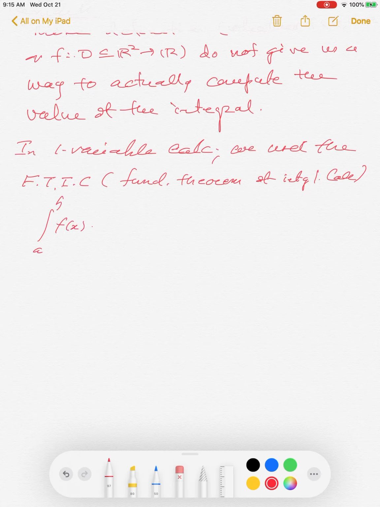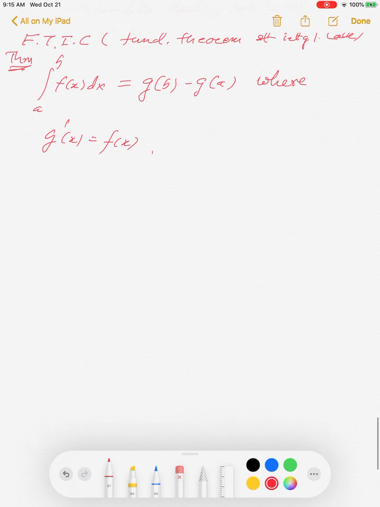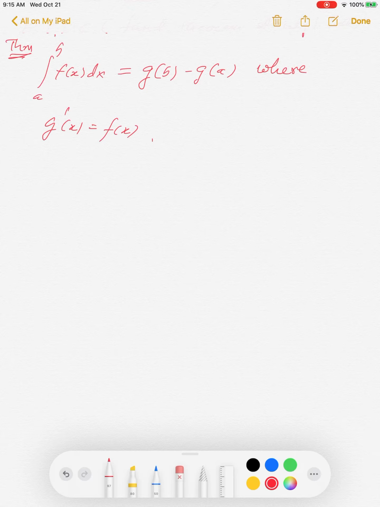It says that the integral from a to b of f(x) dx, this is a theorem of Riemann again, is G(b) minus G(a), where G is the antiderivative of f. That means G prime is f(x). That's how we evaluated the definite integrals. So that's why finding antiderivatives, the chore that you went through in Calc 1 and Calc 2, becomes very important, because that helps you calculate the definite integrals.